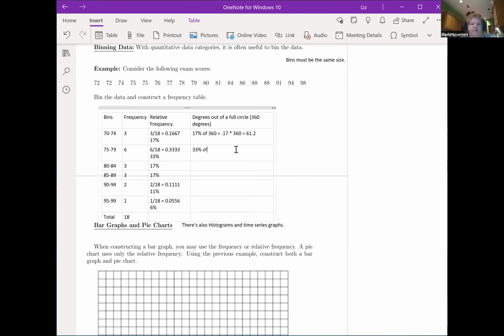So 33% of 360, that is 1/3. So that is 120 degrees. Here, I'm just going to shorten that to deg. All right. Our 17% is again going to be that 61.2.